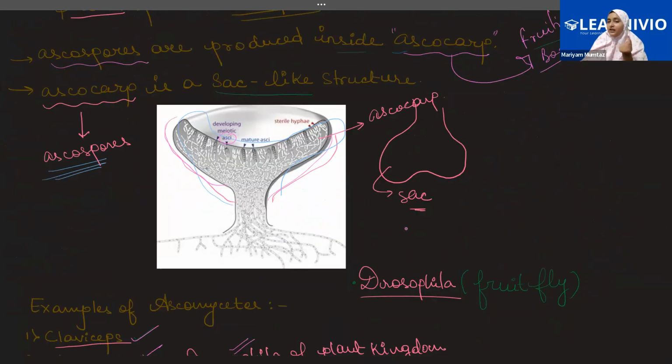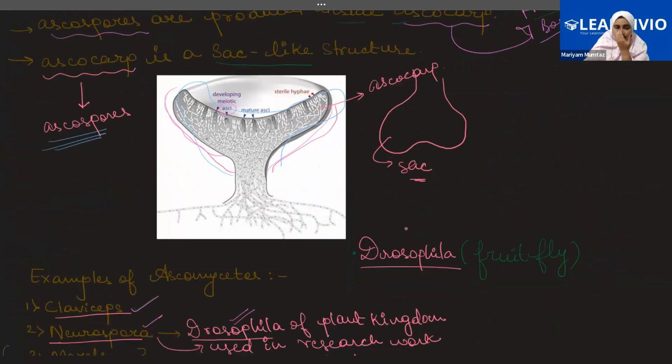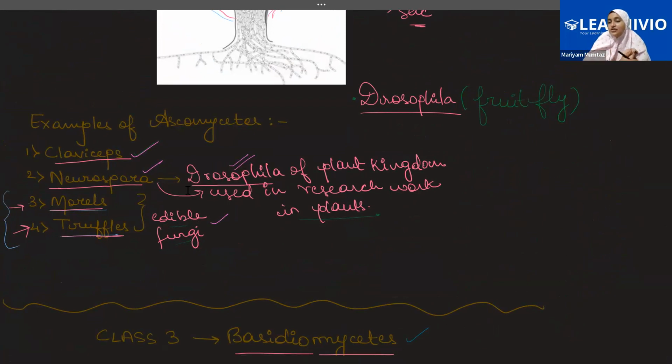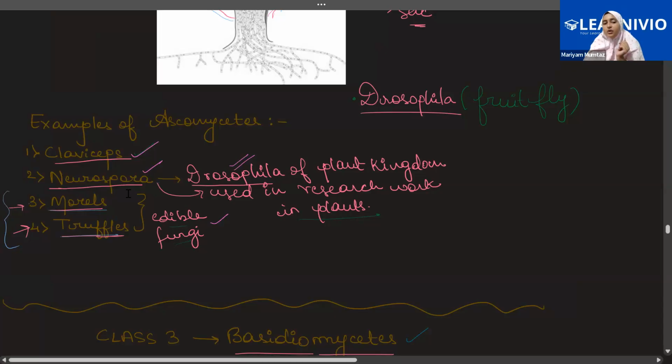Examples are Claviceps, and Neurospora, also known as the Drosophila of the plant kingdom, because Drosophila is the insect normally used to study genes and inheritance, and in fungi Neurospora is used. Then morels and truffles are two edible fungi belonging to Ascomycetes. Clear?